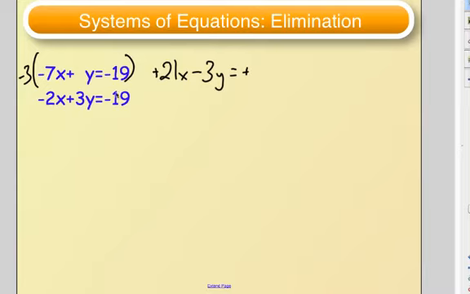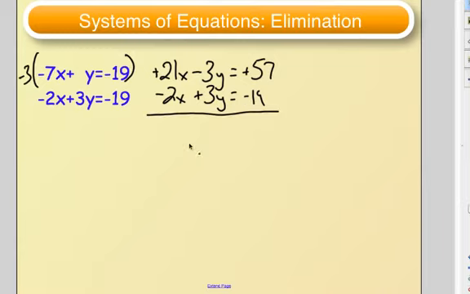And here you have 3 times 19, which is 57. So positive 57. So this is my rewritten equation for this one. And now I just write this equation below the first one: negative 2x plus 3y equals negative 19.